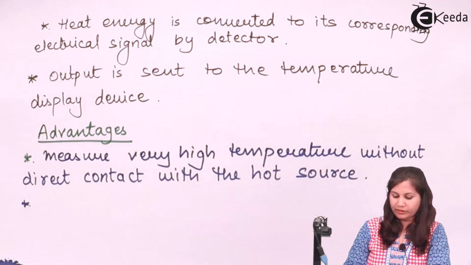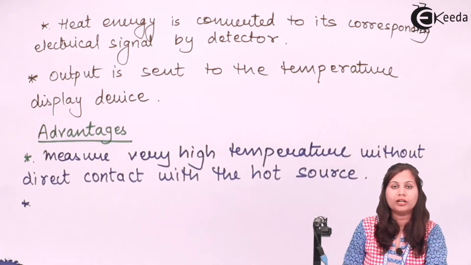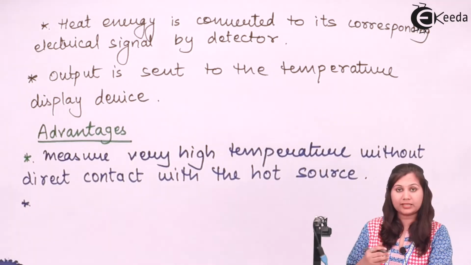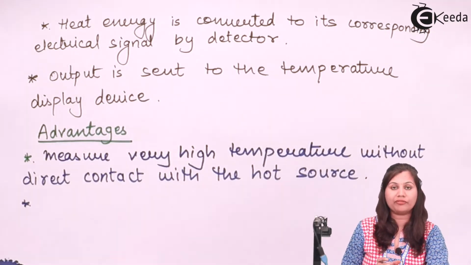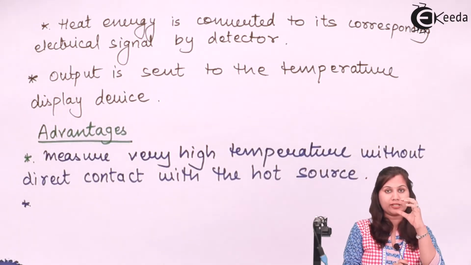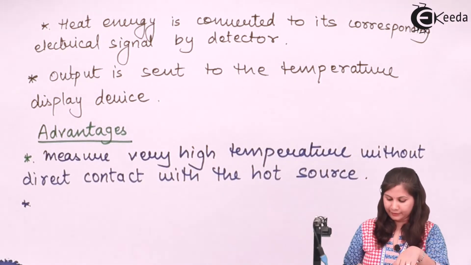This objective lens can be adjusted to measure the temperature of different ranges, like objects which are very small in size, by adjusting the focus or the focal length of this objective lens.